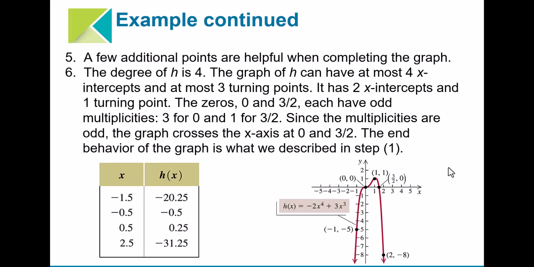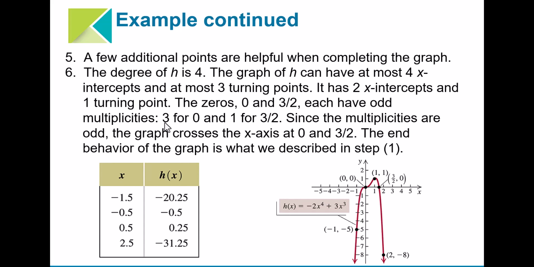And then, of course, we can look at turning points. It's definitely looking at our degree. Remember 4, so at the most it could have 4 intercepts, but as we found, it only had 2 intercepts.